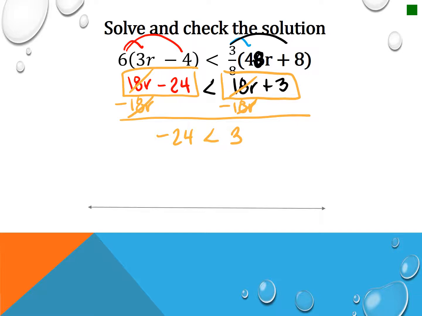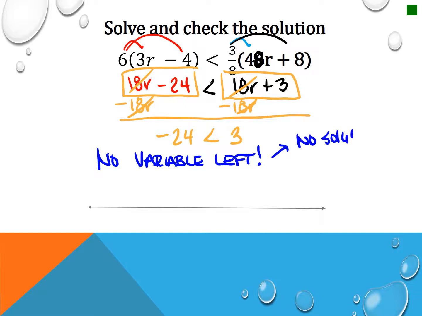Do you see that there is no variable? Write this example down. There is no variable left. That means I have either no solution, or all real numbers.